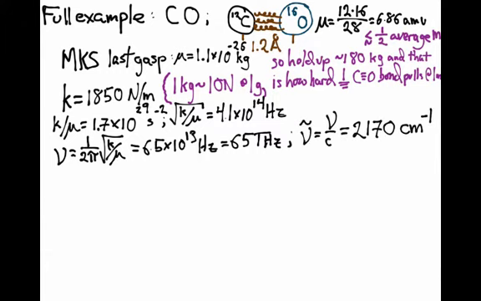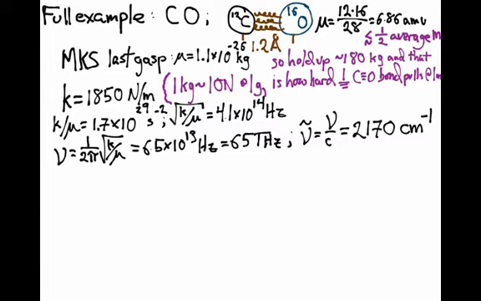Turn it into wave numbers by dividing by the speed of light, and we get 2,170 wave numbers. Again, an incredibly important characteristic to know: stretching vibrations, if we have a reasonable reduced mass, tend to be in the 1,000, give or take 1,000, wave numbers.